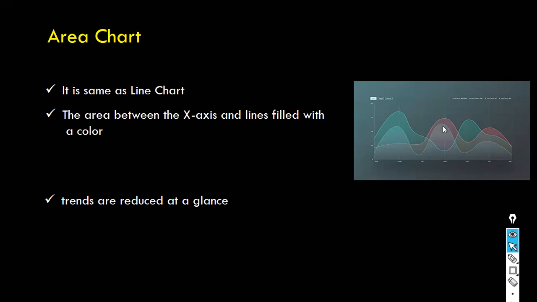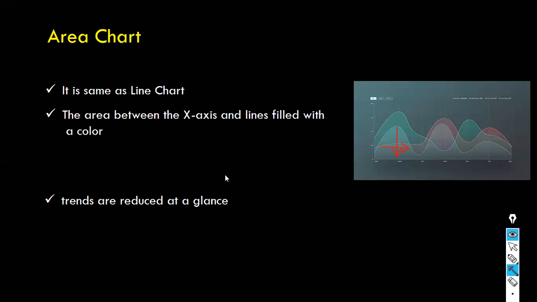This is your line, and this area between the x-axis and the line is filled with some color. So in the area chart, the region between the lines and the x-axis is filled with color.